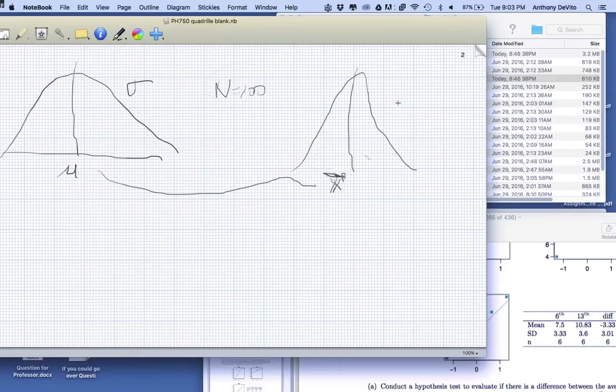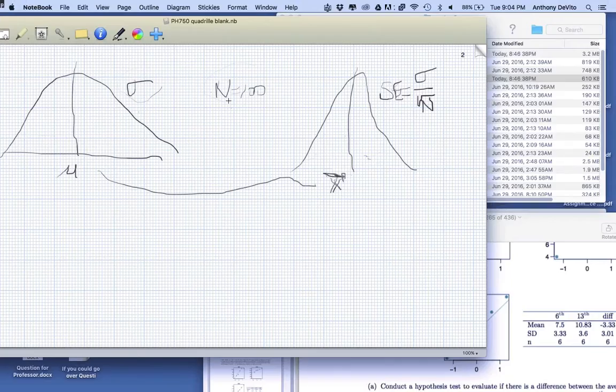And there's a relationship here. The standard deviation of the sample means, which we call standard error, is equal to the standard deviation of the population divided by the square root of the sample size. In this case, the standard error is 1/10 the size of the standard deviation of the population because we took a sample of 100.